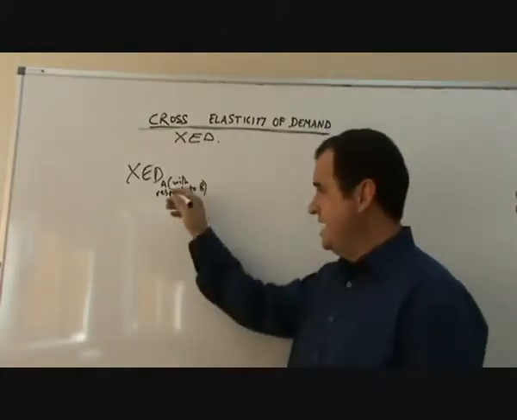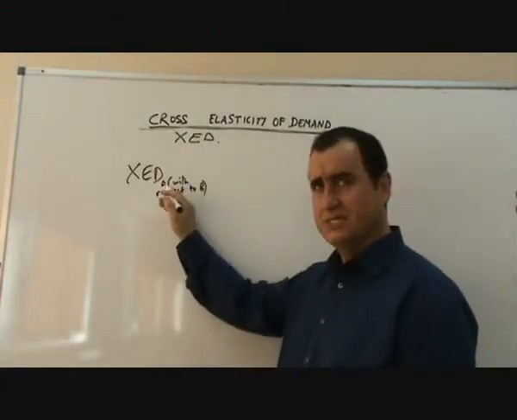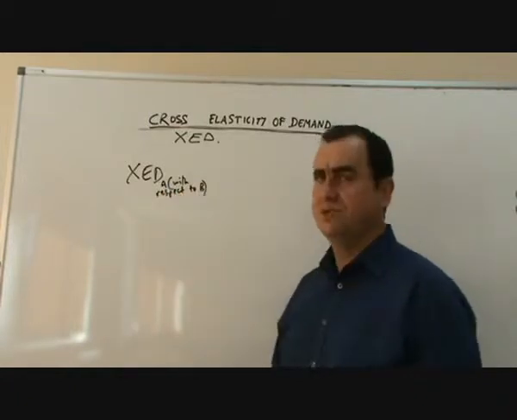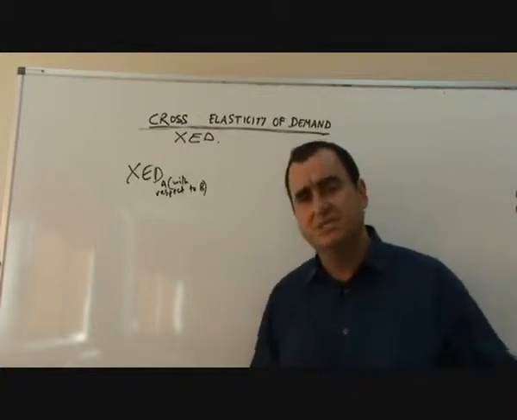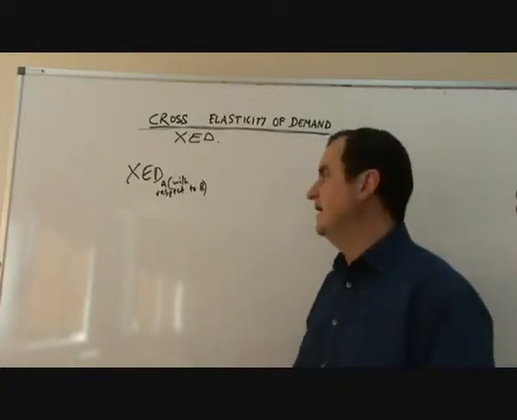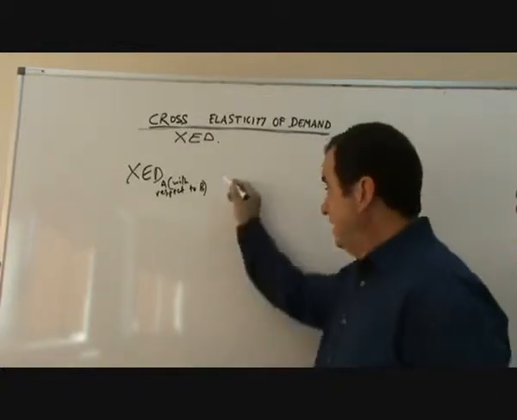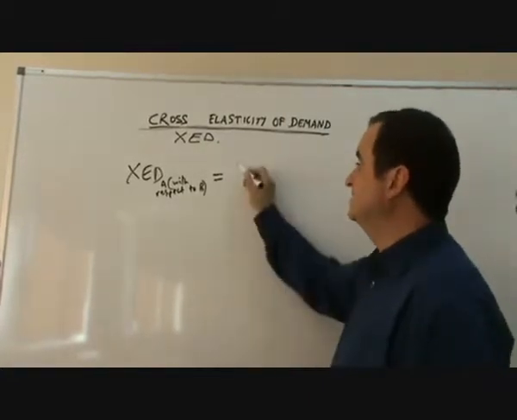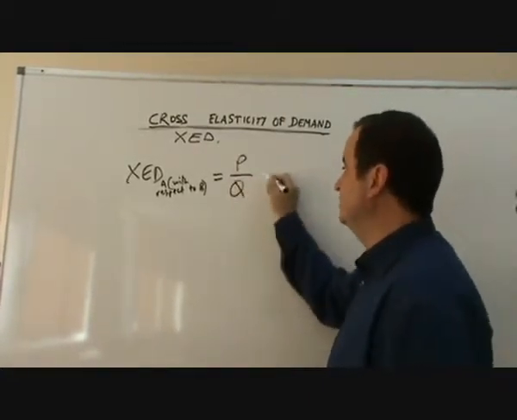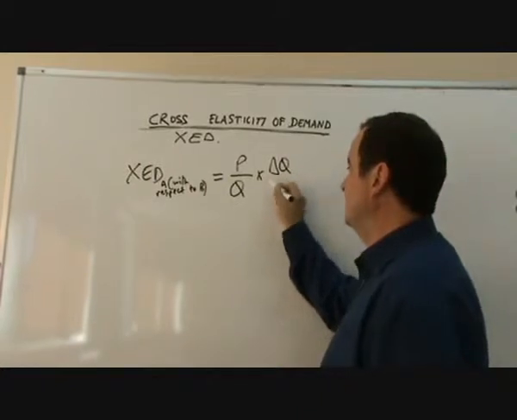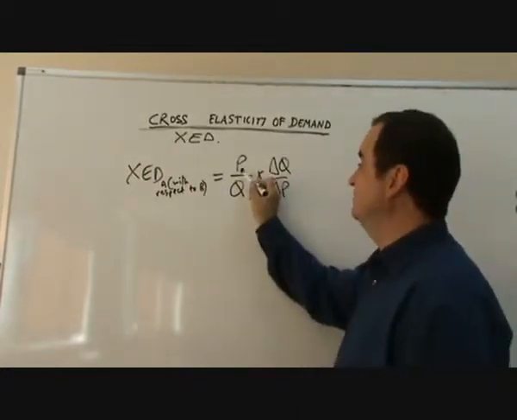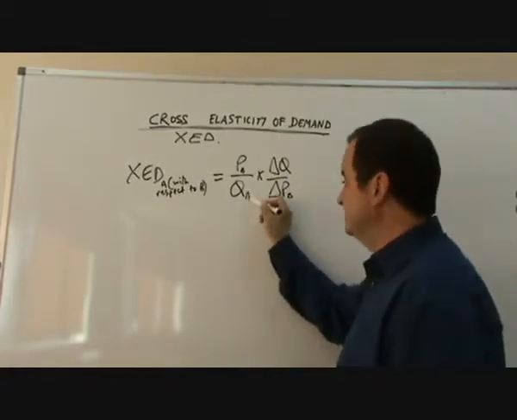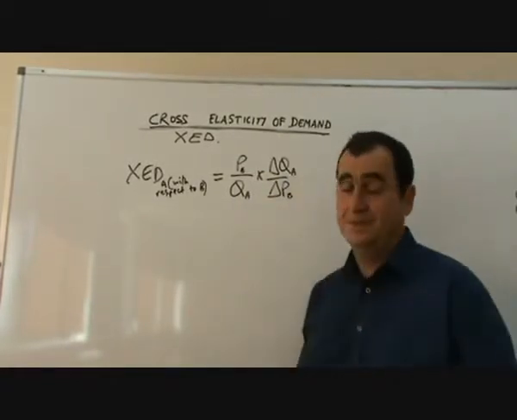Okay? A, how does its demand change when B changes price? Nothing else is changing. A's price is not changing. Income is not changing. Ceteris paribus, we are just looking at the change in the price of B. Equals, how do we calculate it? Well, it's the old equation, P over Q times change in Q over change in P. But of course, it's the price of good B and the quantities of good A.